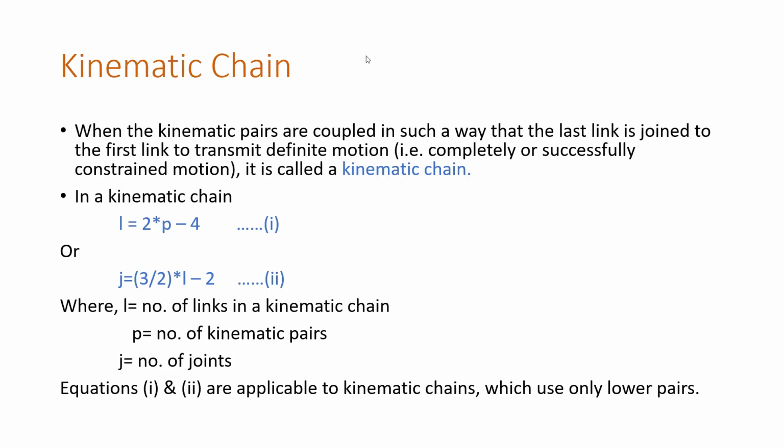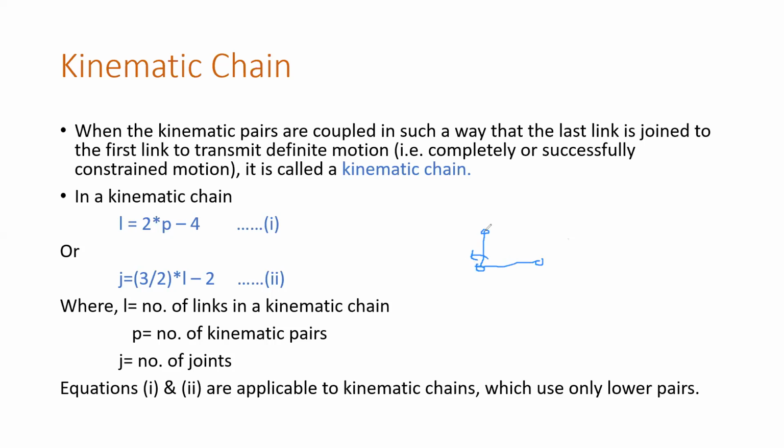So how will you assume? See, it is one kinematic link. It has two connections at its two ends. I will connect one more link to it, which will make a kinematic pair, such that this one link can rotate, can turn, with respect to this one.